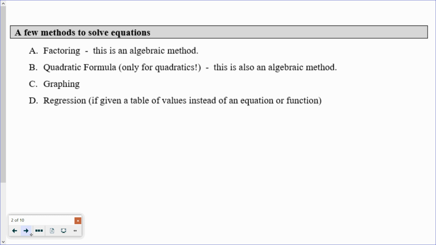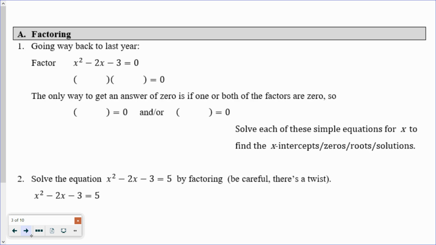The quadratic formula is obviously only for quadratics. You can't do it for cubic functions or linear functions. It's also an algebraic method. And graphically is one that you always have. Even if I ask you an algebraic way of solving it, you can always double check your answers by solving it graphically. So we'll look at factoring first.